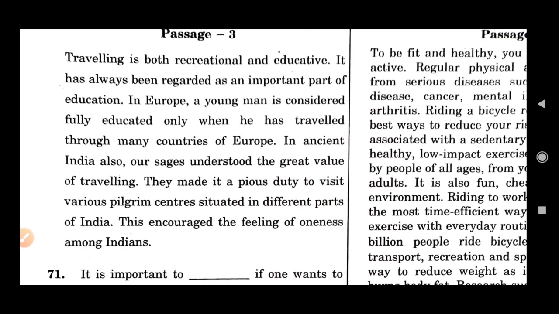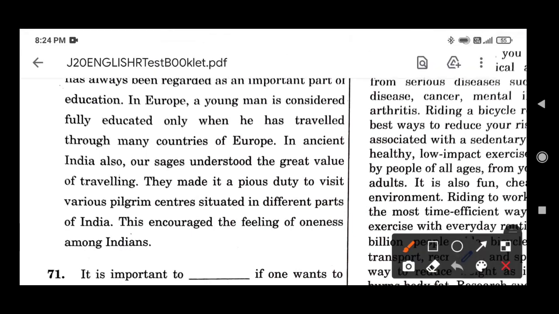Friends, once we read the passage, if you have not understood, again we need to read the passage. If it is not clear the second time, we'll go for a third time. So here what I do is I underline the important words or important sentences.